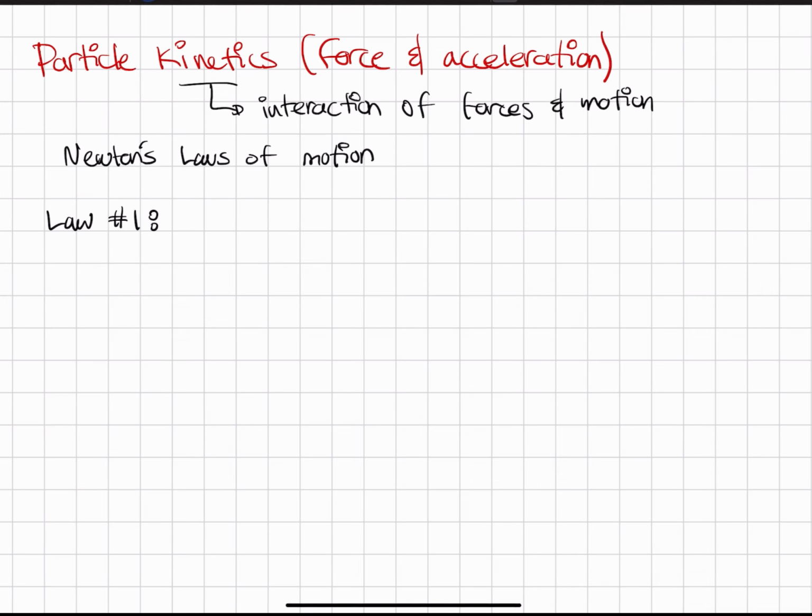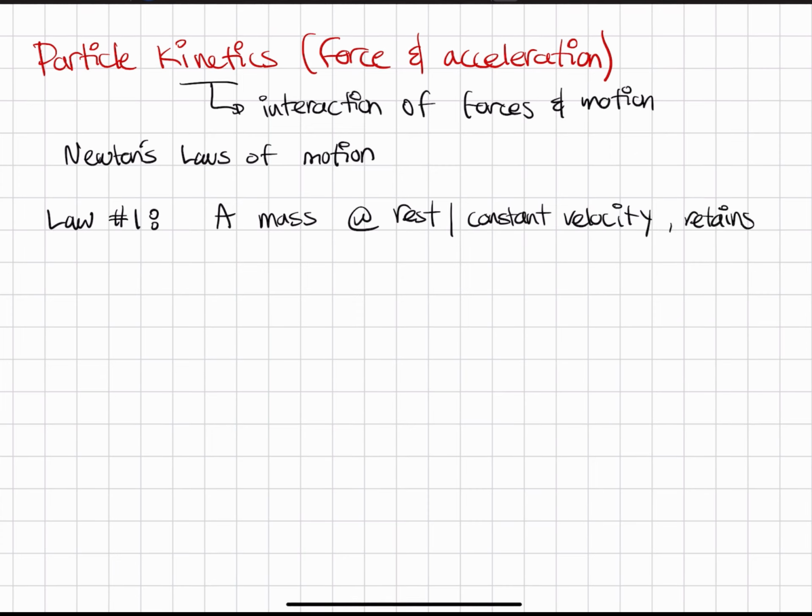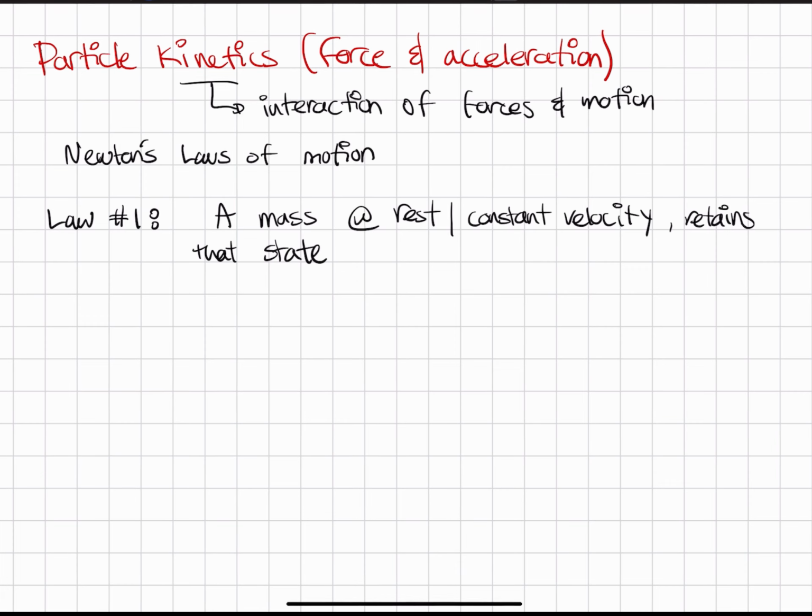So if a body, I'm just going to call it a mass, is at rest, it's going to retain that state. It wants to stay at rest or at constant velocity unless a force is acted upon it.